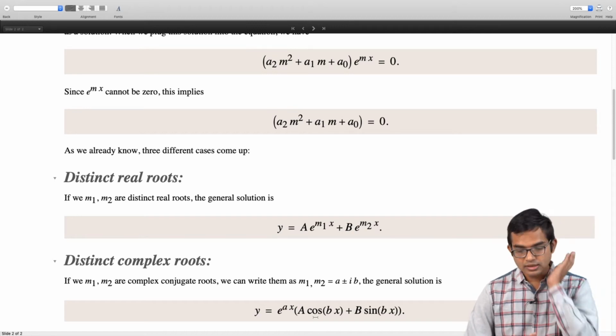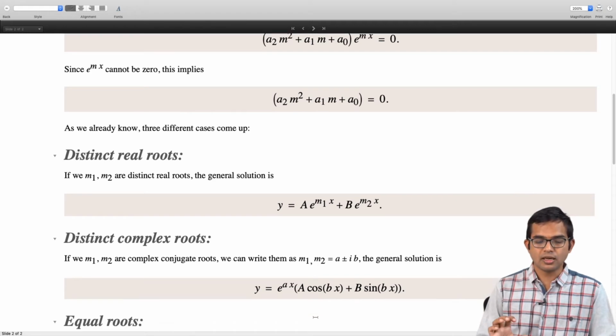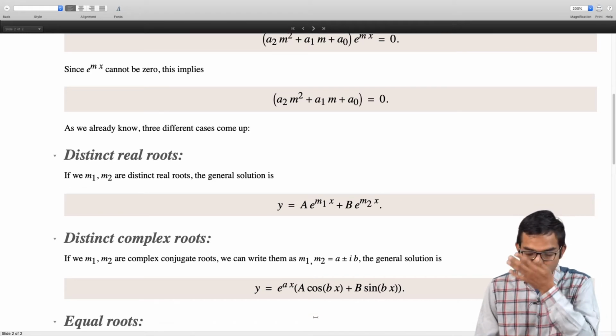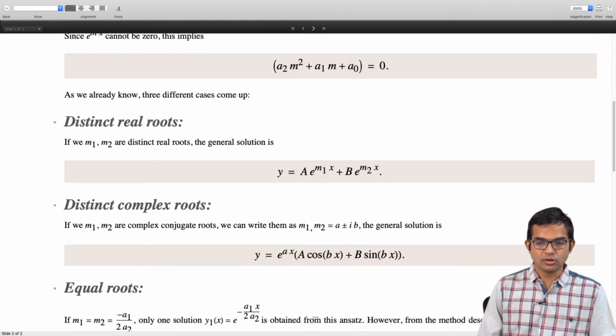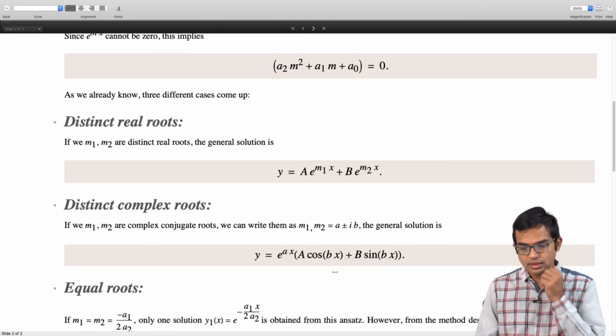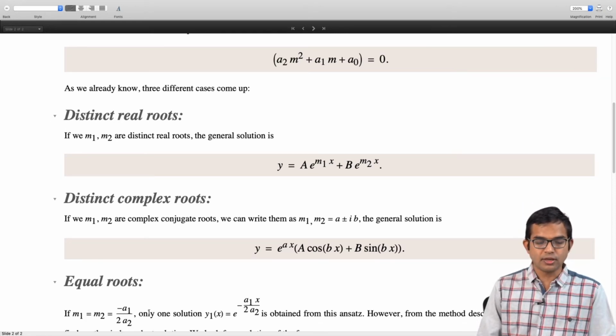This is also straightforward. And then there is a third case which is somewhat subtle, and that's when you have equal roots. If you have equal roots, then they are going to be real for sure, and they are going to be minus a1 divided by 2a2.